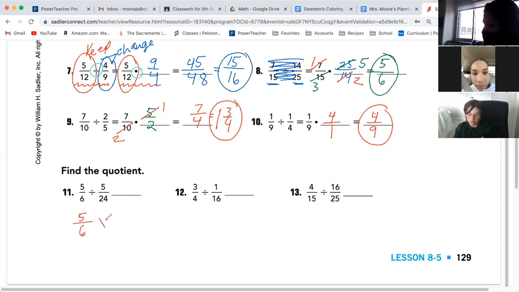Keep, change, change. I'm going to cancel the 5s. What do 24 and 6 have in common? Anything? A 6, sure. So we get rid of that. We're left with just 4 over 1, which is equal to 4.